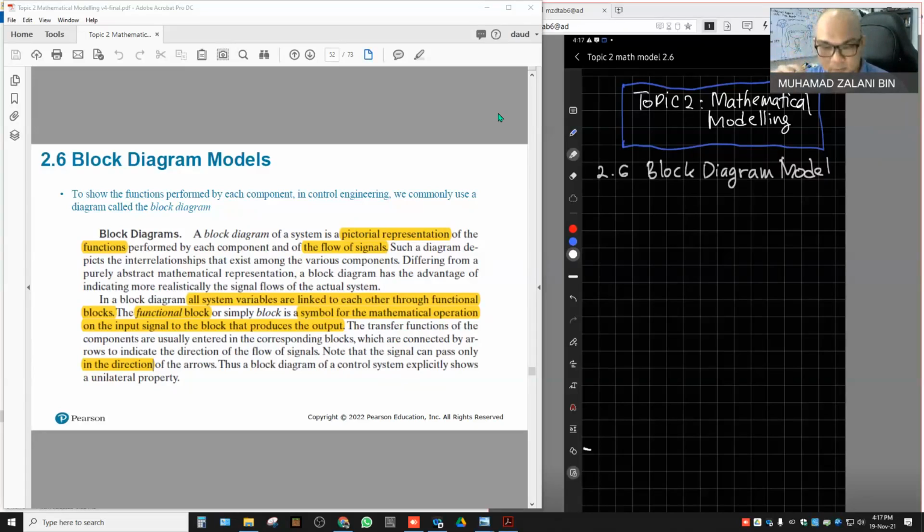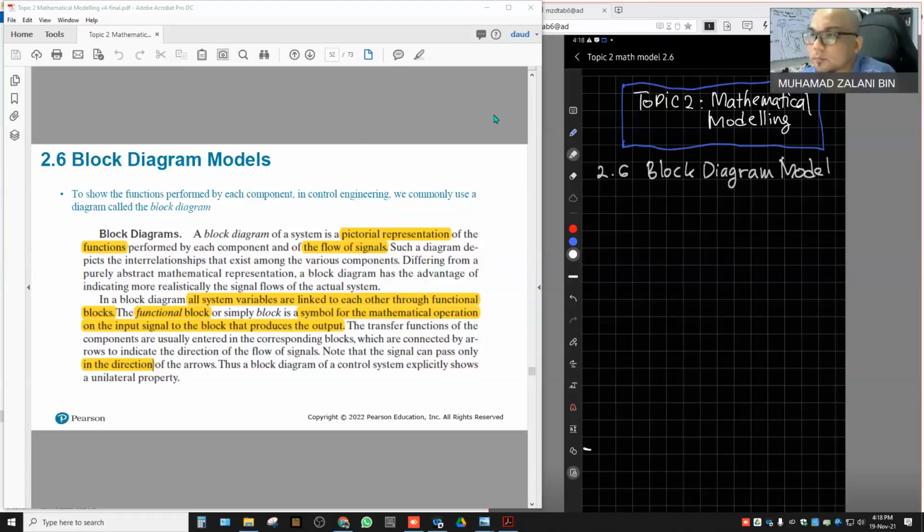For example, the valve is one example of the controller. For that particular control system, most of the time we will deal with the closed loop control system. We will use the block diagram model.